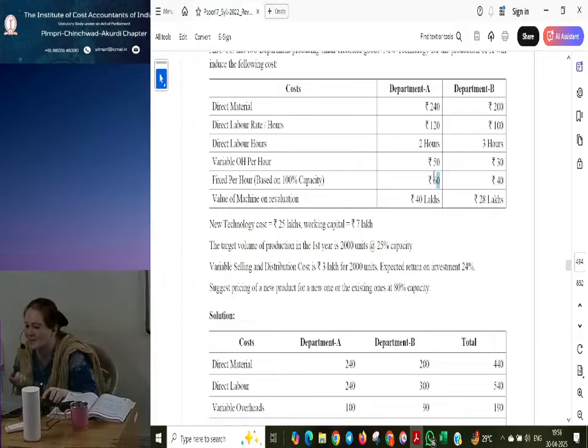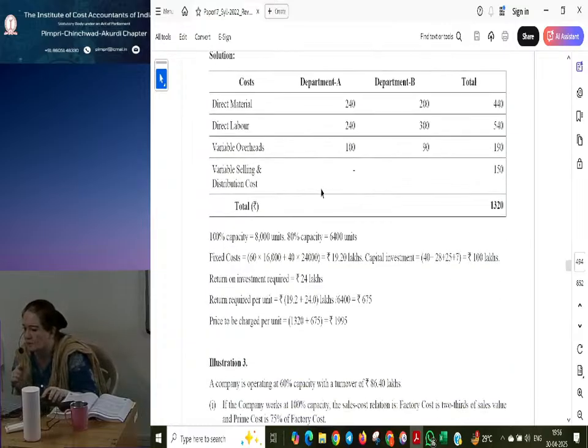Directly, 60 into 2 is 120, 120 into 8,000. If we go by that, it will be much easier. 40 into 3 is 120, 120 into 8,000. That will give you 19.2 lakhs, which is part of your fixed cost.